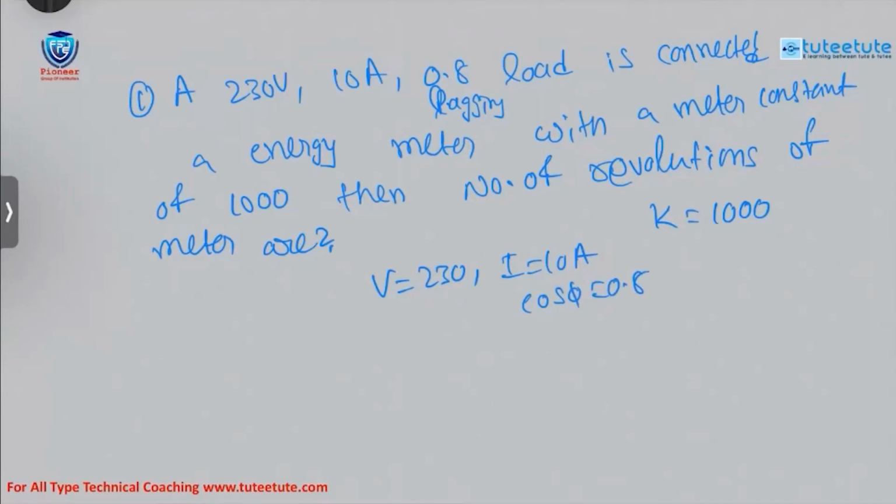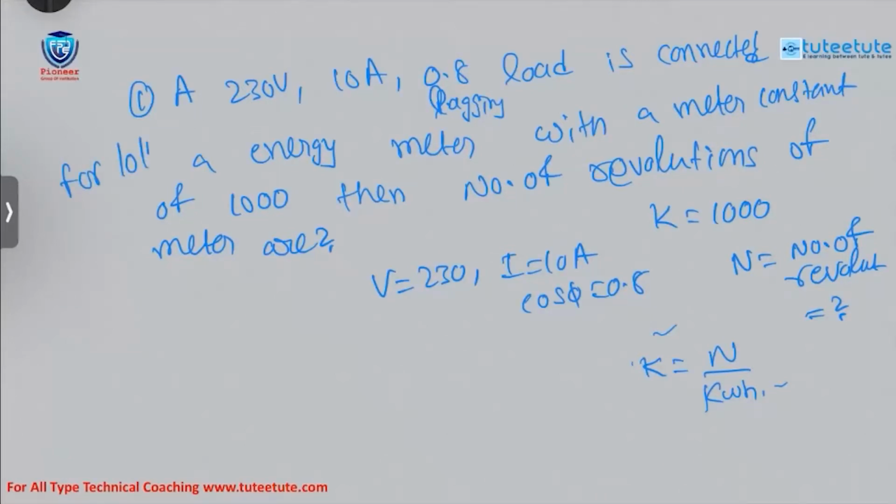They are asking the number of revolutions N. We know that meter constant K is equal to N by kilowatt hour. We know K, and if we can calculate kilowatt hour, then we can calculate the revolutions. Time is also given as 10 hours.